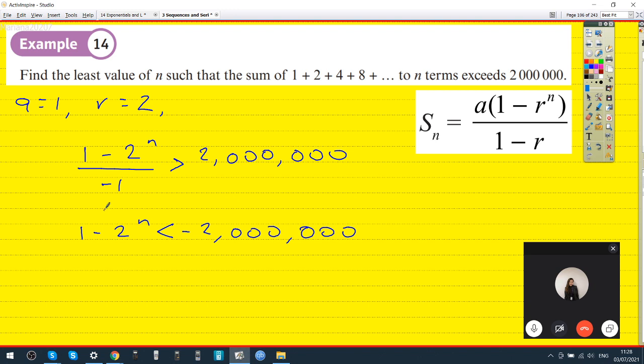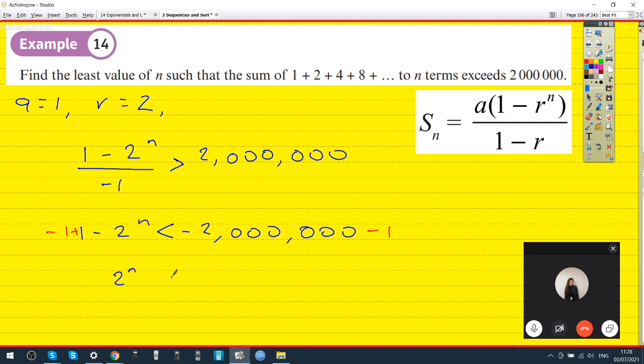Now can you minus 1 on both sides? Yep, which gives you minus 2,000,001. Sure, let's do minus 1, and then you can multiply by minus 1 on both sides. Which gives 2 to the n is less than, or would it flip again?